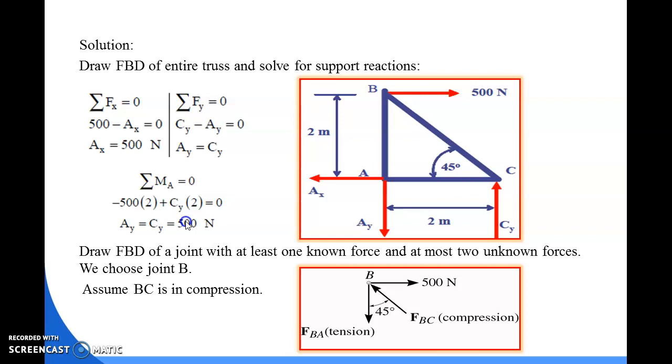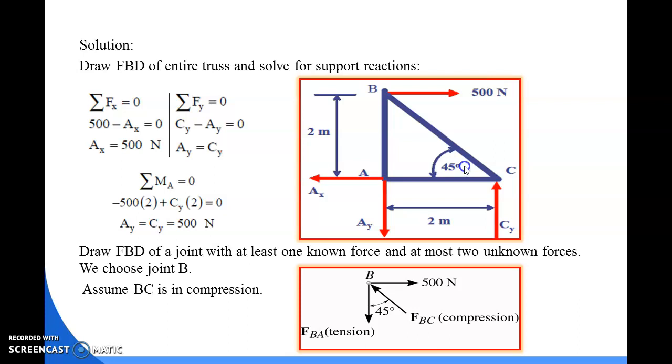In this way, all the reactions are calculated now. Next, we have to calculate the internal analysis. That means we have to find all the forces of the members, that is the BA member and the BC member.